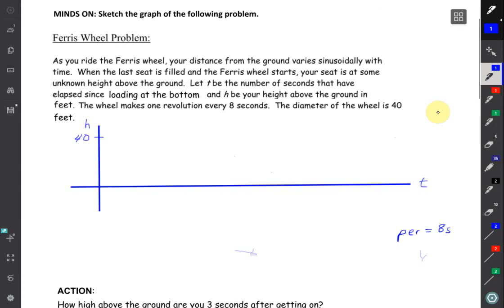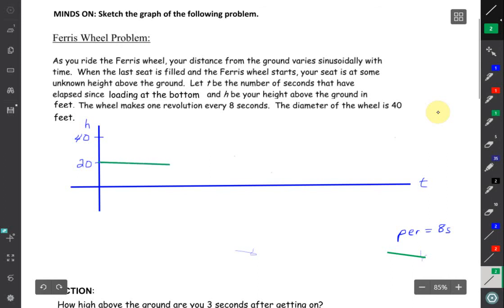So now what we need are the key features. If this is 40 and there's no additional height above to the minimum, then halfway here is going to be 20, and that's going to be our axis. So at this point, I'm going to draw an axis in here that we can work with.